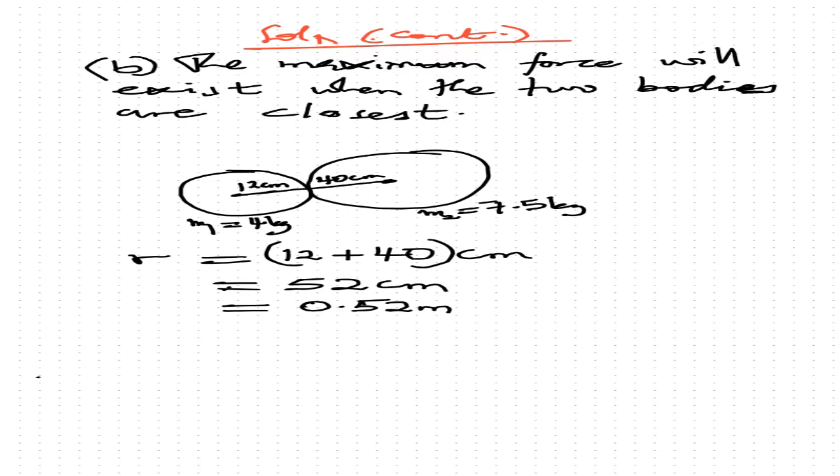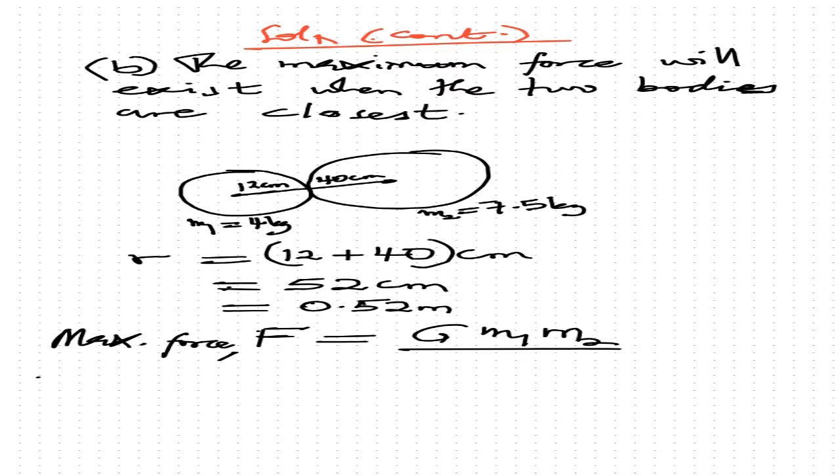So that you see that the maximum force F will be G M1 M2 over R squared. Okay, so that you now fix in the values. G is 6.7 times 10 exponent negative 11.